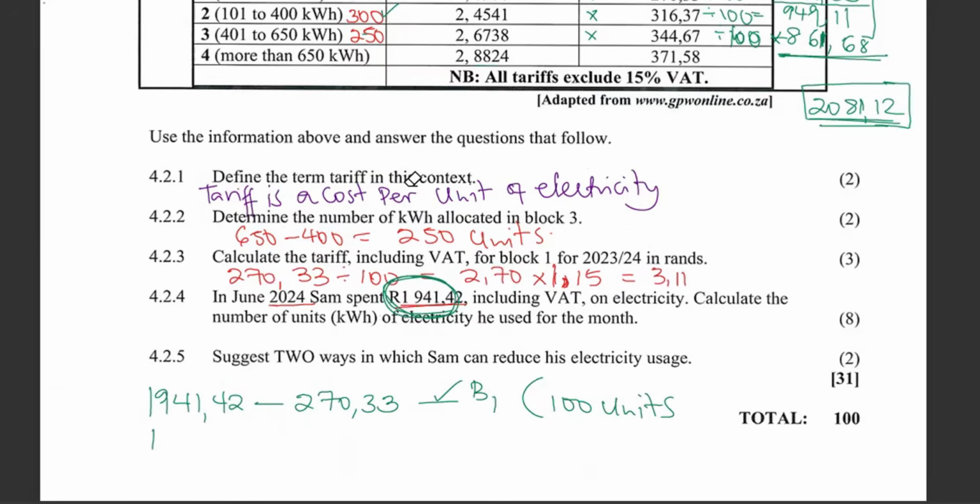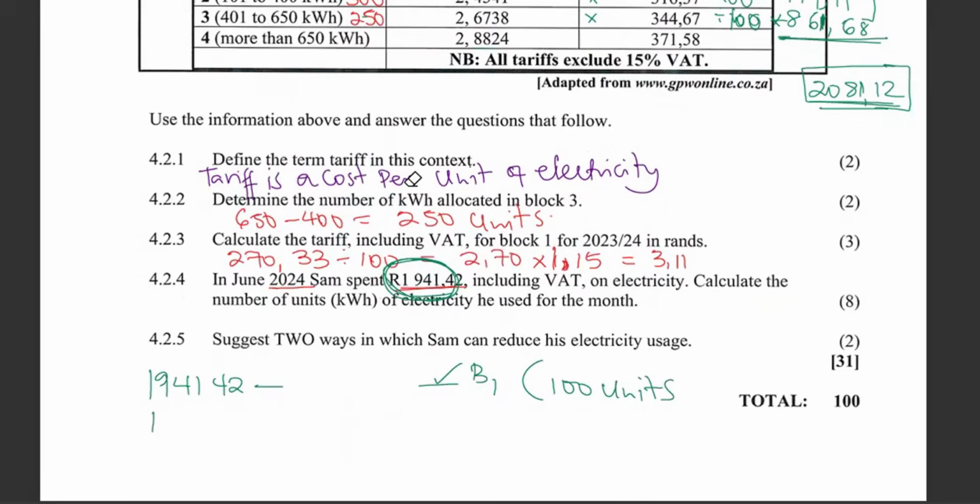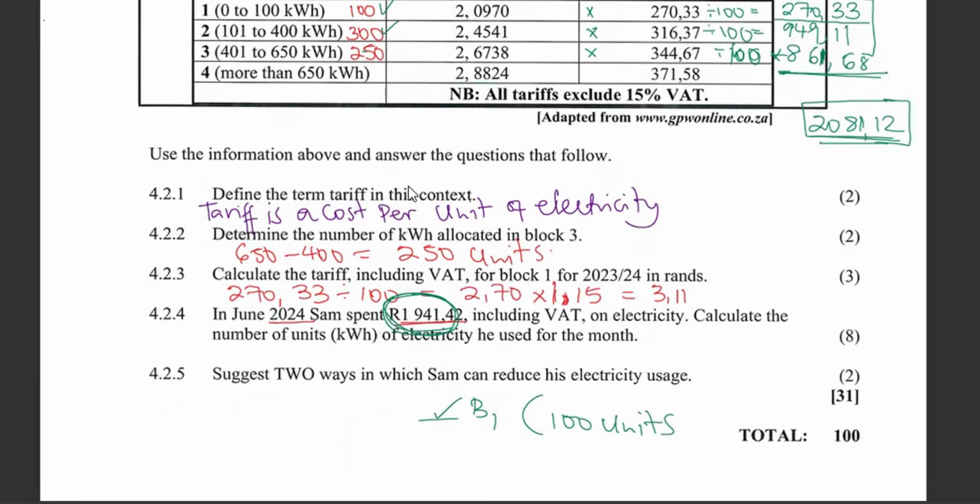By the way, wait. Before we subtract, I'd forgotten this. Before we subtract, this money that we need to subtract, it already has VAT. Yet the deals or the money that we're dealing with here, it does not have VAT. So what do we do? The easiest way to get this money, exclude VAT. What are we going to do? We shall say 1,000, we divide by.